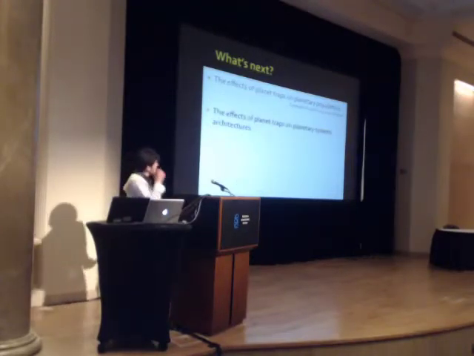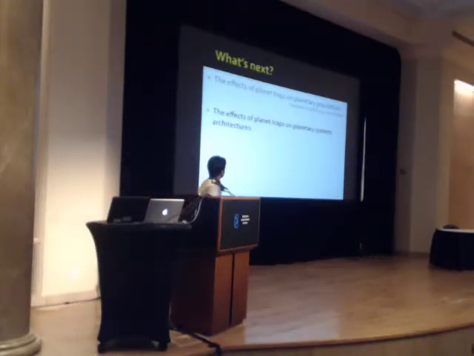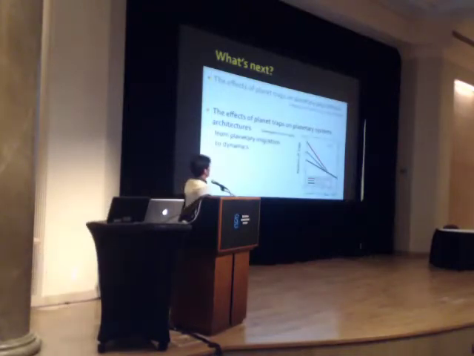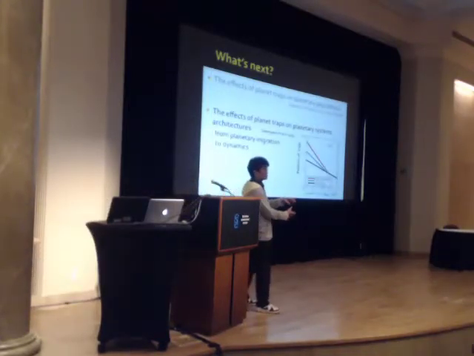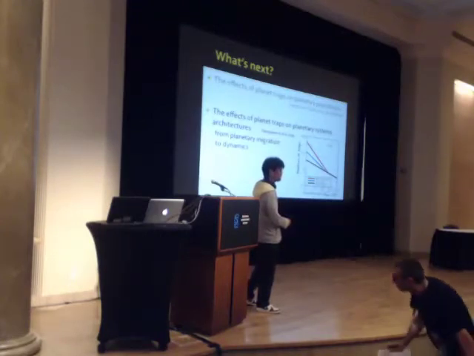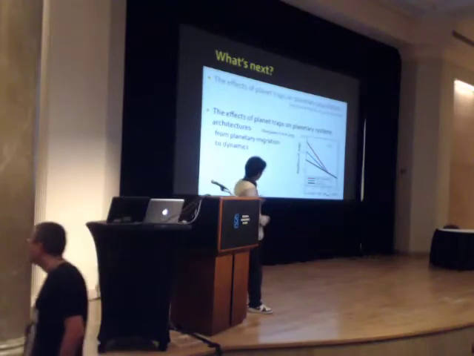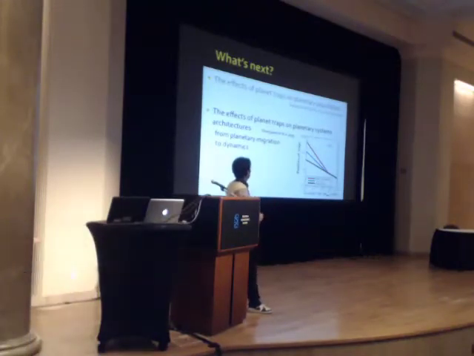Another interesting project is the effect of the planet trap on the planetary system architectures. As we discussed, the position of the planet trap converges to a single point at a certain time. So the dominant physical process changes from planetary migration to dynamics.